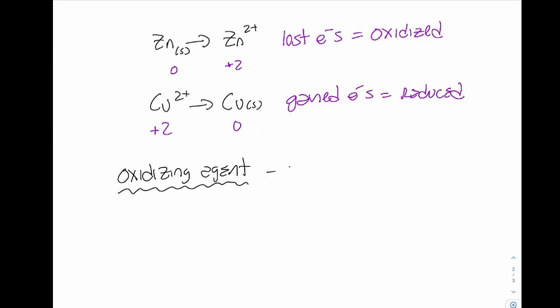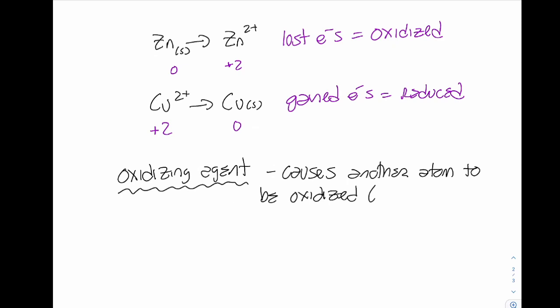So the oxidizing agent causes another atom to be oxidized. Right? It means it's causing another atom to lose electrons by gaining electrons itself.